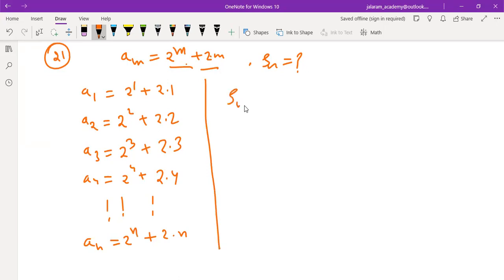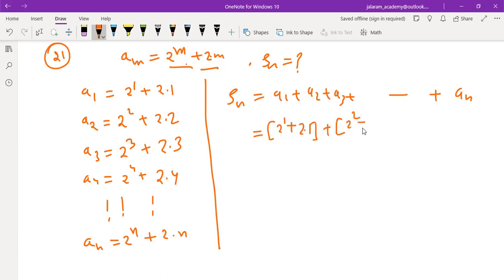Now the sum of n terms of the series is equal to A1 plus A2 plus A3 and so on up to An. That is 2 to the power 1 plus 2 into 1, plus 2 square plus 2 into 2, plus 2 cube plus 2 into 3, and so on up to n terms.